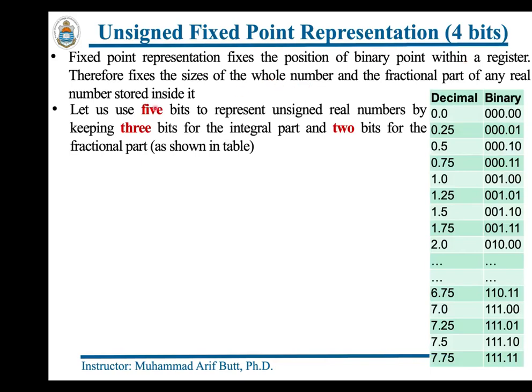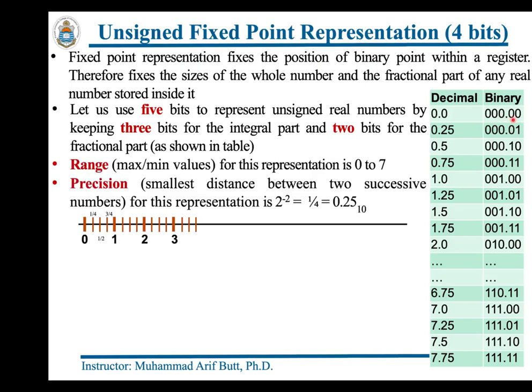Let us use 5 bits to represent unsigned real numbers by keeping 3 bits for the integral part and 2 bits for the fractional part, as shown in this table. You can see we have 3 bits for the integral part and 2 bits for the fractional part.